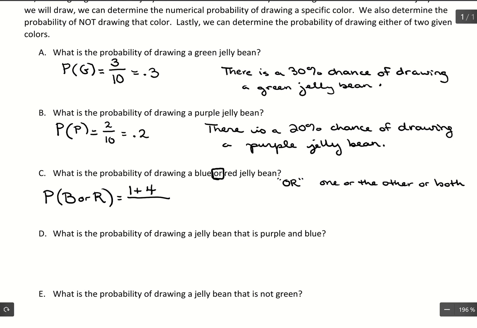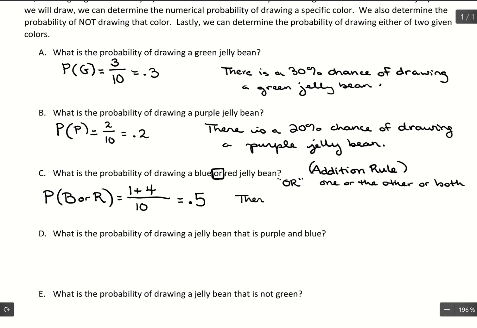So you see this word or, it often brings through addition. And we often use an addition rule when we see that word or. So that's something we're going to practice later on. But for our numerator, you add the 2 out of the 10. So 5 out of 10, so 0.5.